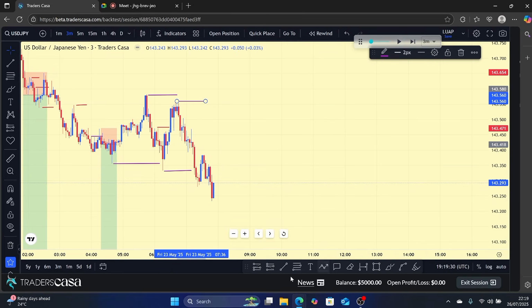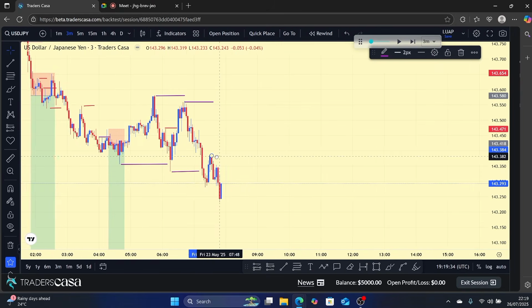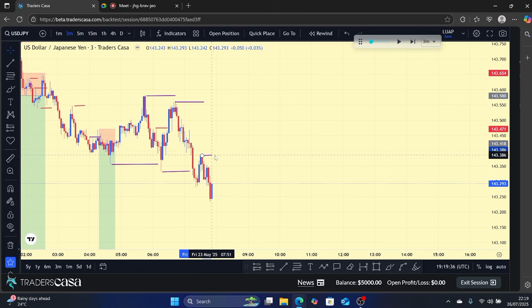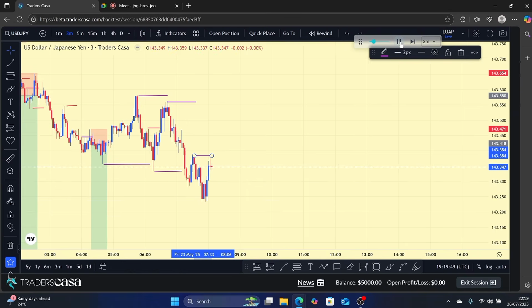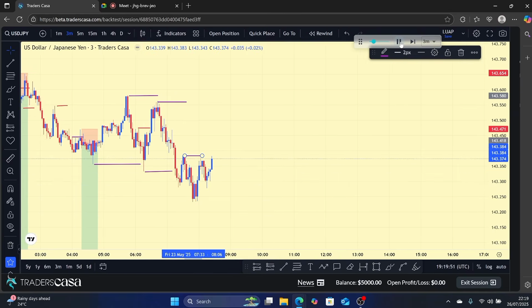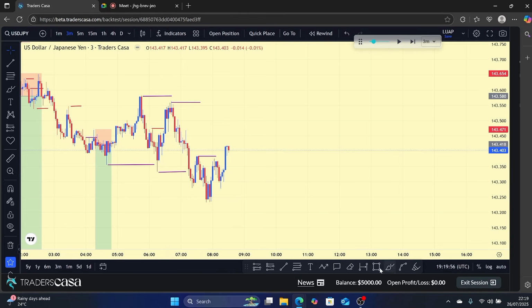Right, so price has made what we call the major inducement. So now you can see this trade is now getting... Right, so price has taken out the minor inducement, and this is what we call the decisional.